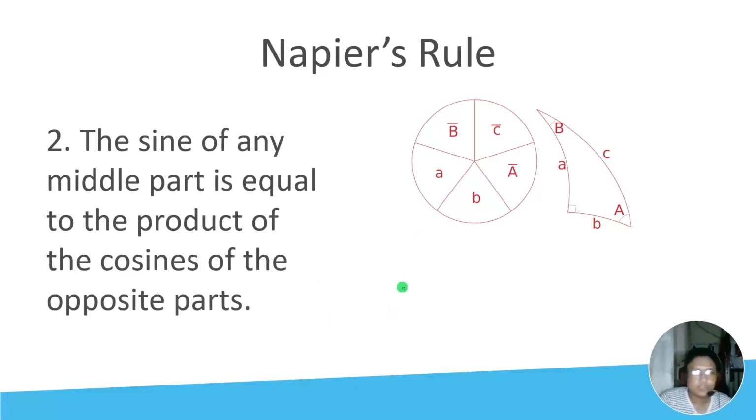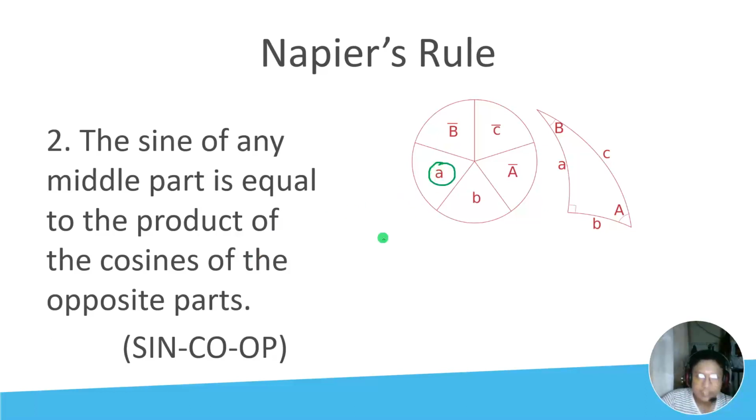Another solution is the sin-co-op rule, or the sine of any middle part equals the product of the cosines of the opposite parts. Let's say side A again is the middle part here. In the sin-co-op rule, the sine of that middle part equals the product of cosines of the opposite parts.